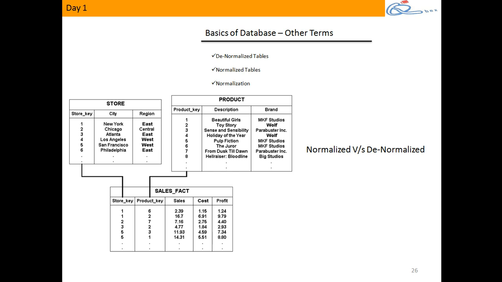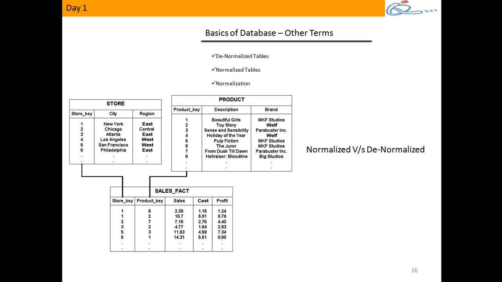And this normalization process will have some rules or forms like form 1, form 2, form 3, form 4. Each form will come out with some rule which will do some operations onto the tables, and when you execute all 4 rules, you end up with lots of tables and then store data into those tables. We are not really worried about what is in form 1, form 2, form 3, form 4.